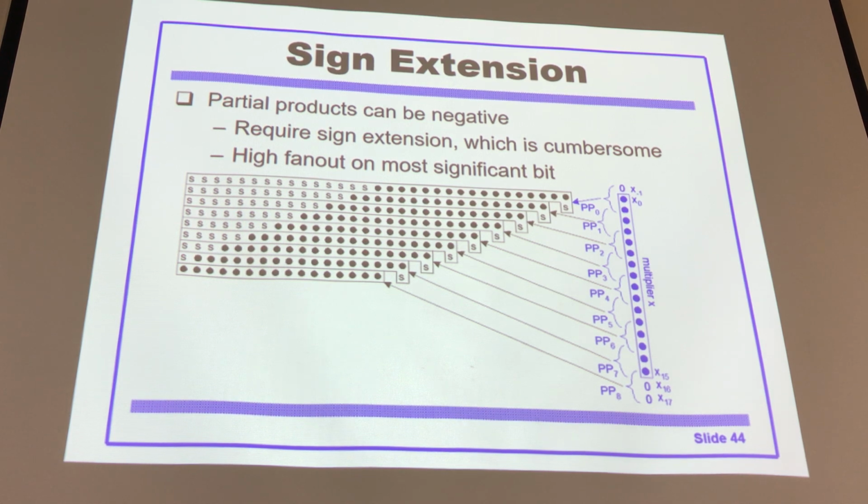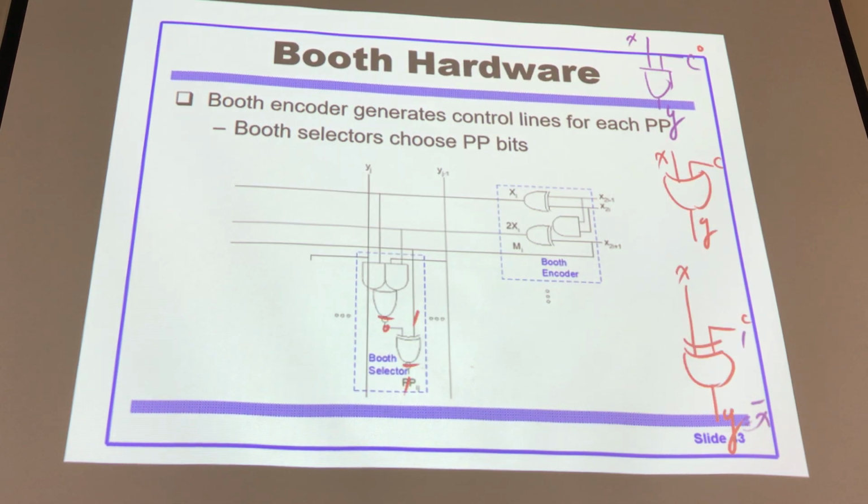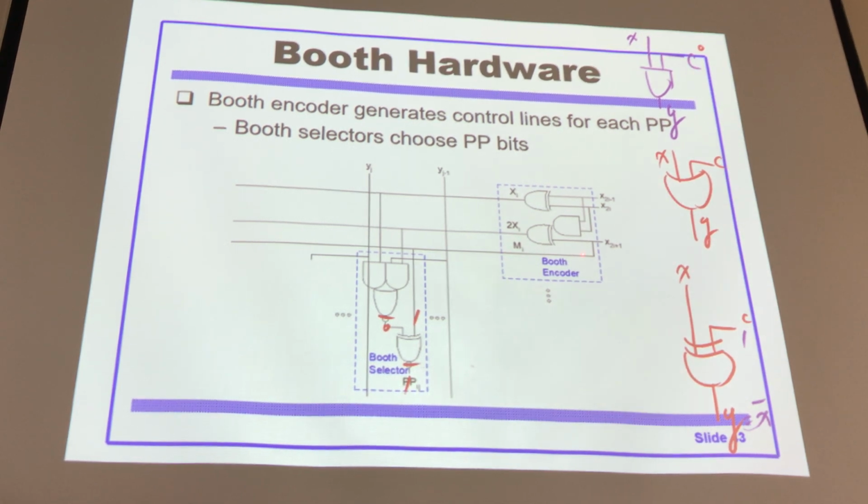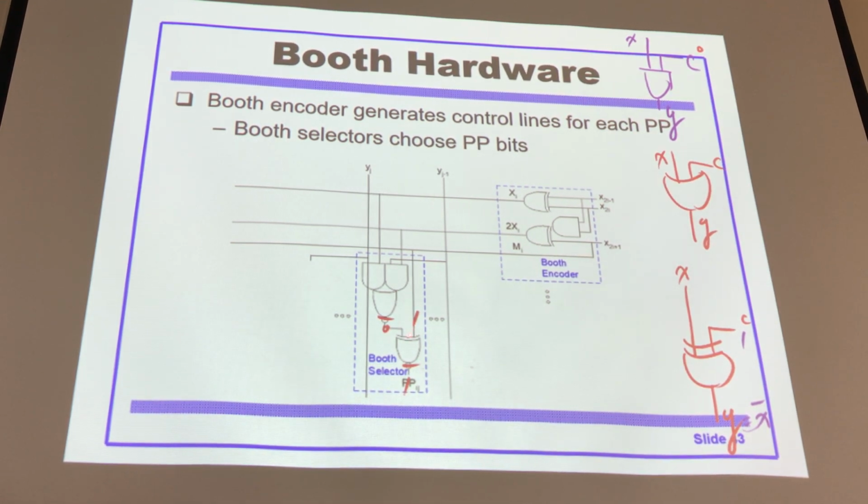But now we still need to solve one problem. We say that n is minus, so it will try to invert the value if the value is 1, doing one's complement.